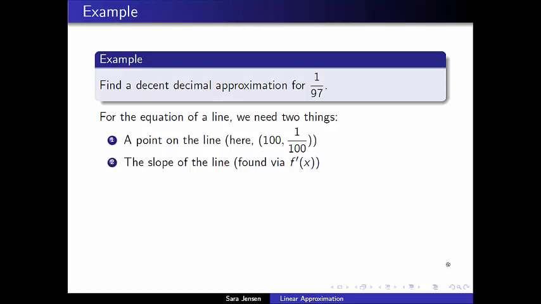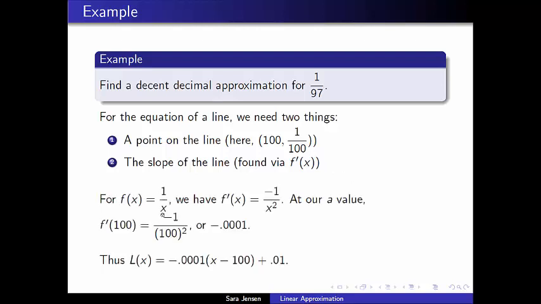Now that we know our specific a value, and it was selected so that f of a was particularly nice and easy to compute, the point that's going to be on the line is 100, 1 over 100, or alternatively 100, comma, 0.01. Next up, we need to find the slope of the line, which we're going to find via the derivative of our function f of x, denoted f primed of x.